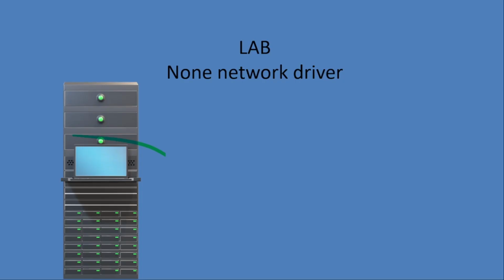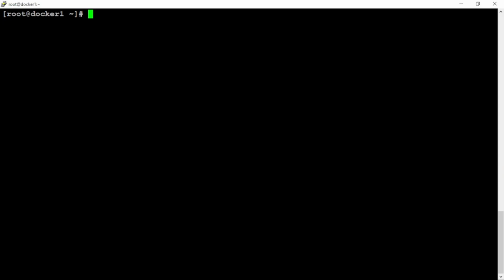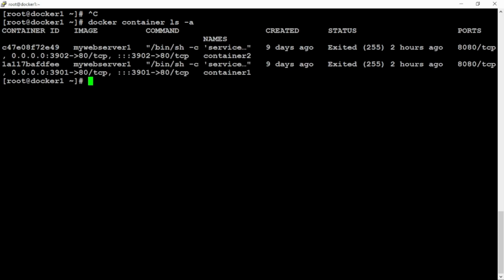So let's go to the lab for the none network driver. Let me go inside my server and check if any container is running or not. So yes, there are some containers running. How can I delete all the containers with the help of a single command?